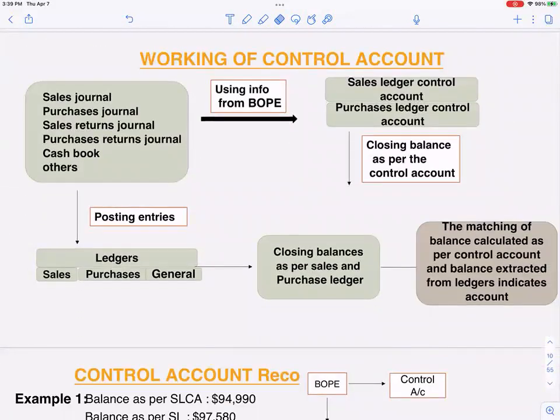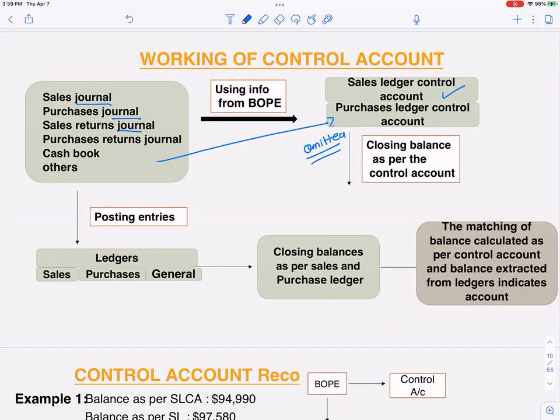Okay. You prepare control accounts by using the books of prime entry. So whenever you're doing anything in the control account, the word journal should be there. And second thing, if you omitted to do something, that will also come in the control accounts.